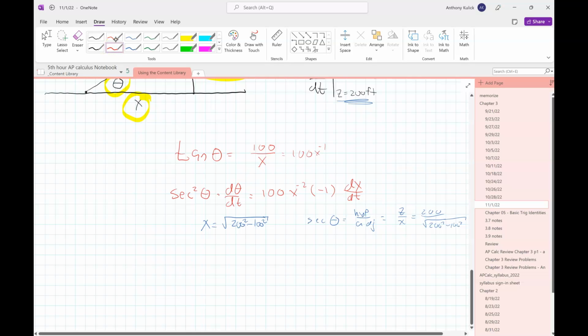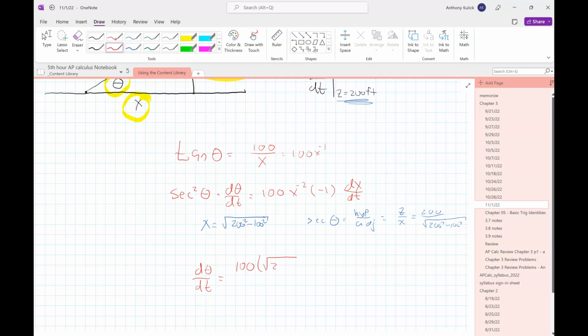All right. So d theta dt is going to equal 100 times the square root of 200 minus 100 squared to the negative 2. I'll just put the negative sign there.